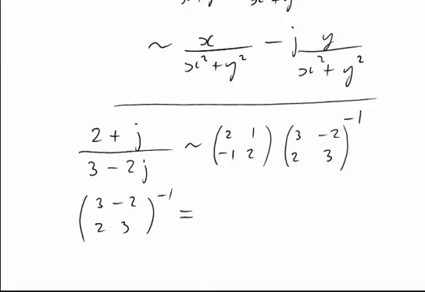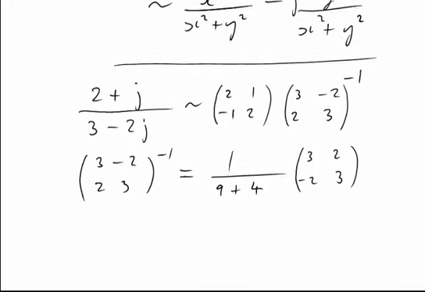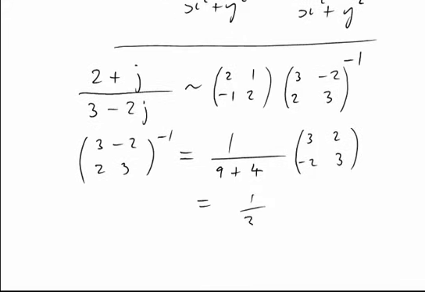We need 1 over the determinant. That's 9 plus 4. And we swap the 3's, but that leaves things the same, and change the sign on the 2's. So that's 1/13, 3, 2, minus 2, 3.